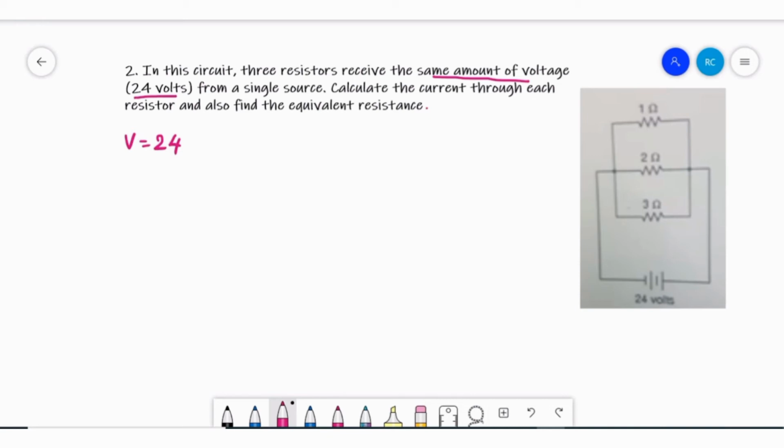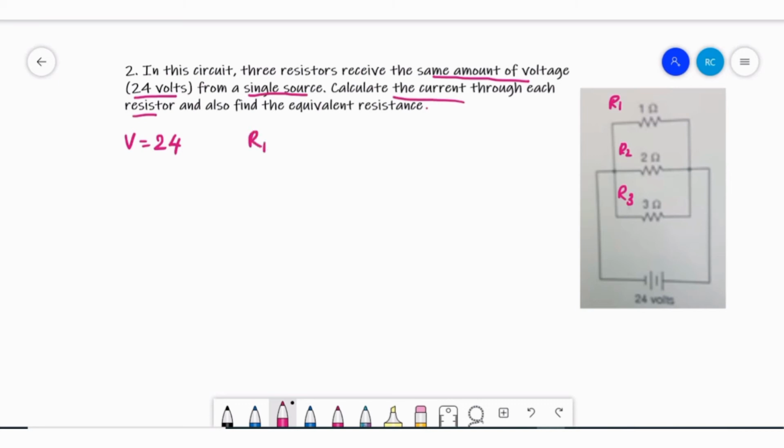There are three resistors here, so we can take them as R1, R2 and R3, and we need to calculate the current through each resistor.